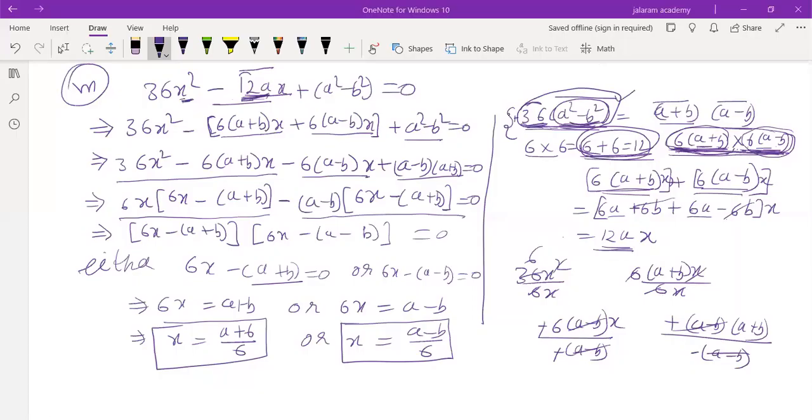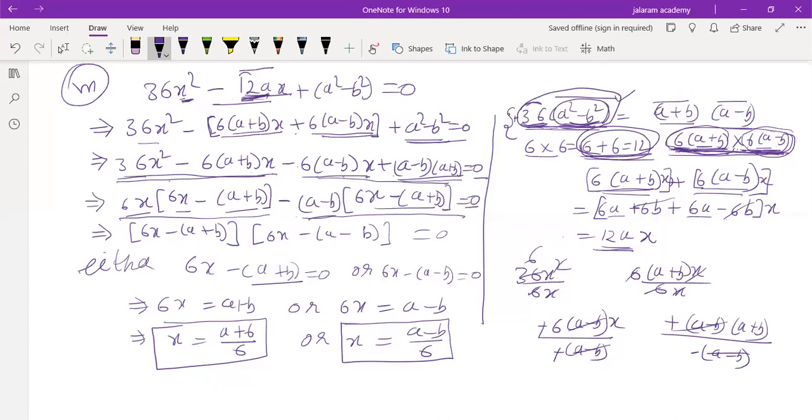When we open the bracket, 36x square minus 6 into a plus b into x plus 6 into a minus b x plus a square minus b square equals 0. So it implies 36x square minus 6 into a plus b x plus 6 into a minus b x plus factors of a square minus b square, a minus b into a plus b equals 0. Now 6x is common between these two into 6x minus a plus b, and a minus b is common between these two.